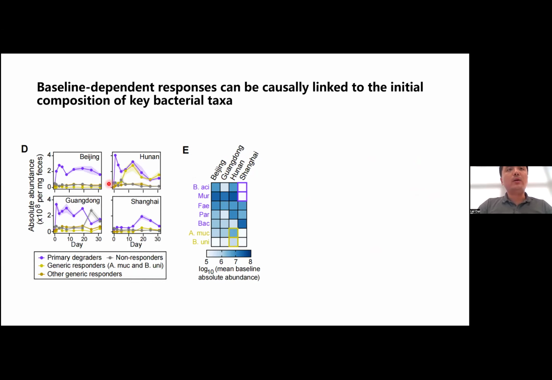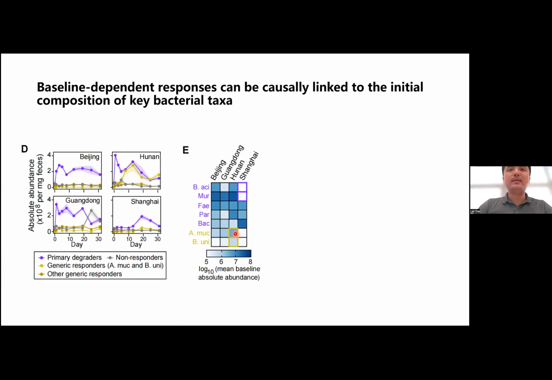For example, these purple lines are the primary degraders, the species whose growth rate is stimulated by the inulin, so they have a very strong response. There are also other species, for example Mesonephila, that respond a little bit later.